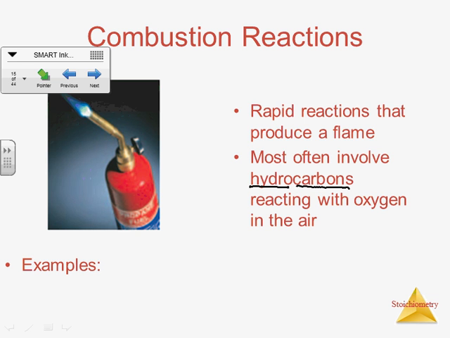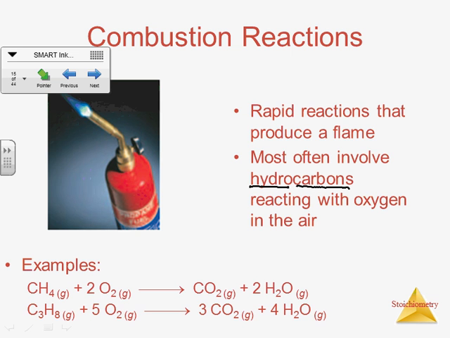Some examples here, and I think I have these written on your sheet. CH4 is methane gas. Obviously, that's going to burn in the presence of oxygen. And then C3H8, I believe, is propane. And that also, we know, burns in the presence of oxygen. I'll teach you a mnemonic when we get to the organic molecules to know the names of each of these alkanes.